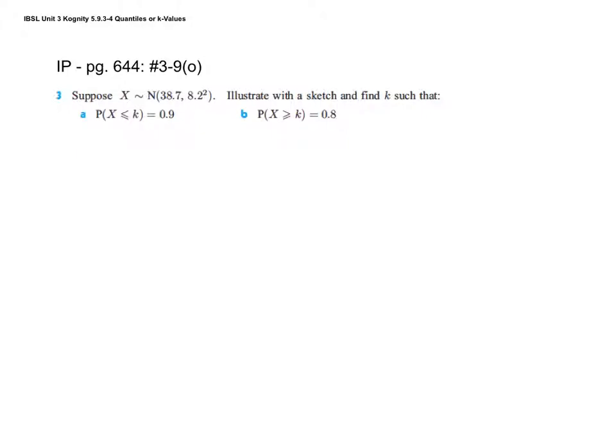All right, this is notation that you should be able to read and understand. X is distributed normally. The 38.7 is the mean, so mu is 38.7. And what is our standard deviation here? 8.2.